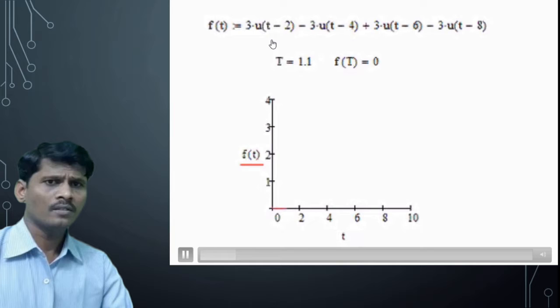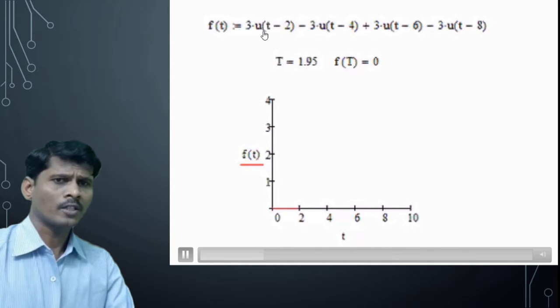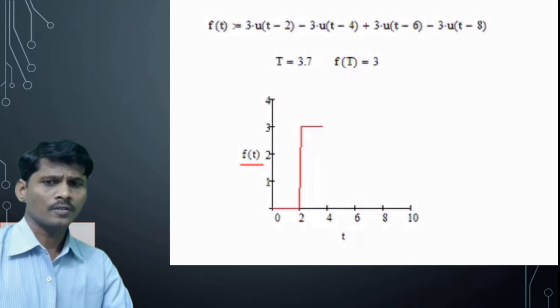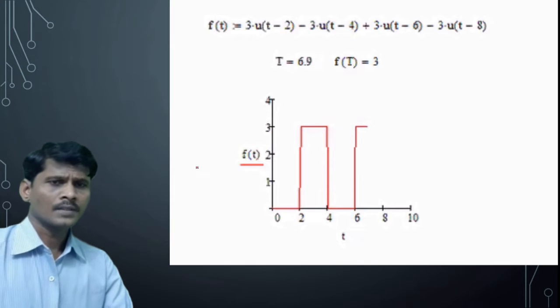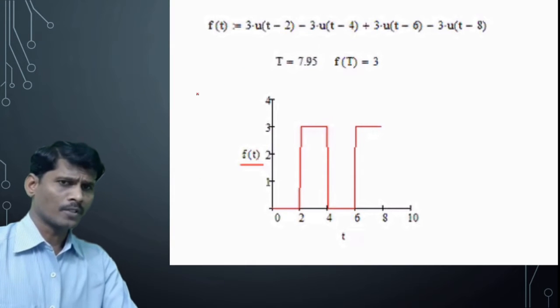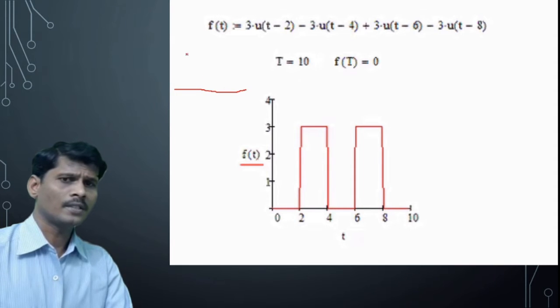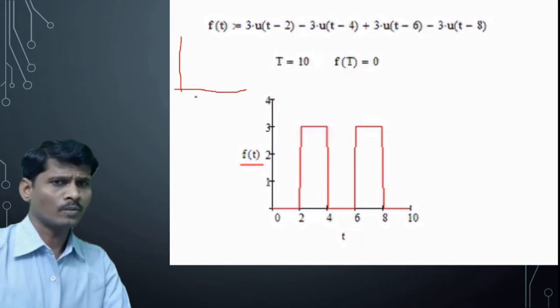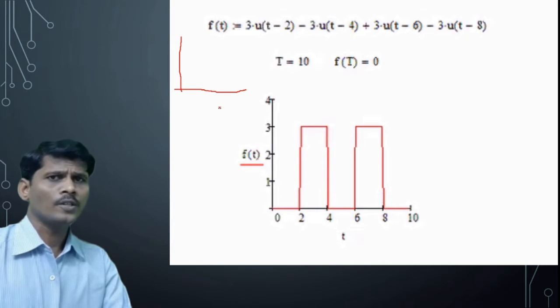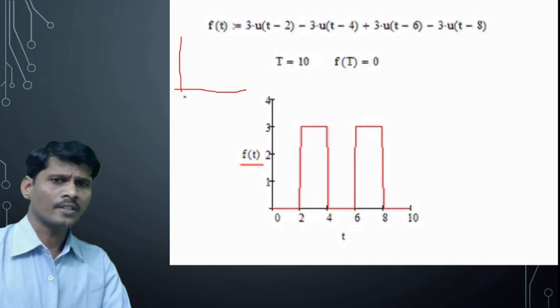So first, draw the graphical representation of 3u(t-2). The x-axis is time t and the y-axis is the magnitude of 3u(t-2). u(t-2) is equal to 1 for t greater than or equal to 2.